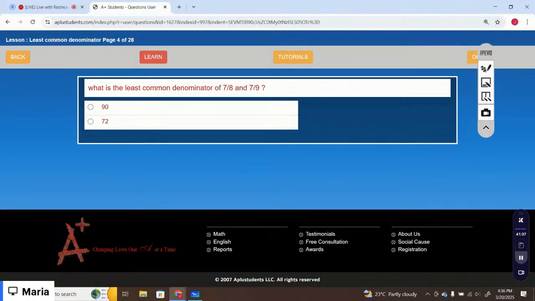What is the least common denominator of 7 over 8 and 7 over 9?